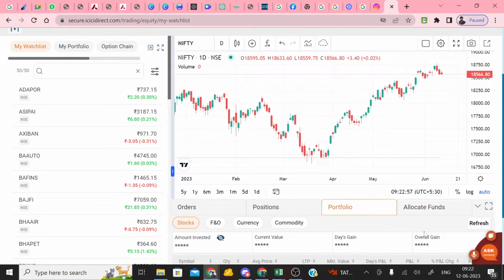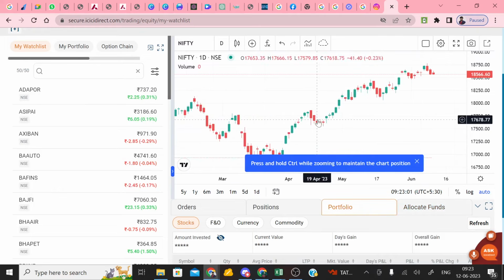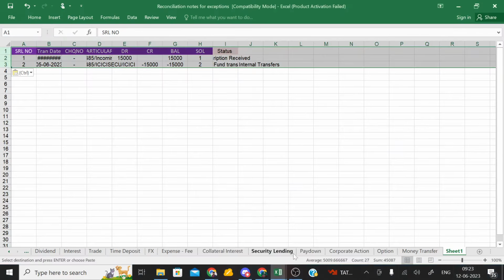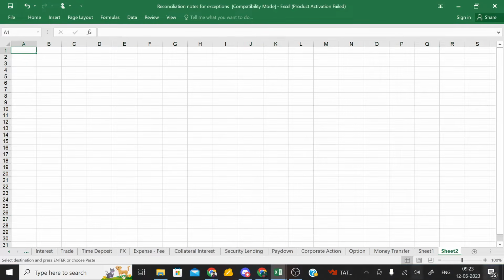Opening balance, closing balance. So download the statement first, because see, in reconciliation, what happened? I'll give you the background first. So note down that, then I'll download the statement.